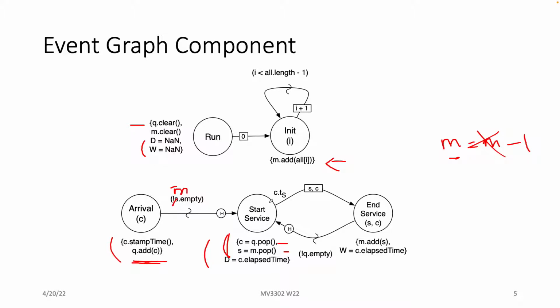So when start service occurs, and that's part of why we schedule it with a high priority, it's going to go right to the top of the event list and be the very next thing to happen. Similarly, when we have an end service event that adds a server back into the container of available entities, that will guarantee the precondition for popping off another entity.